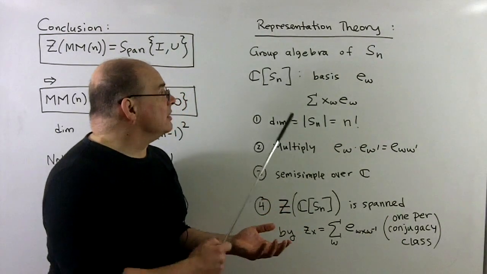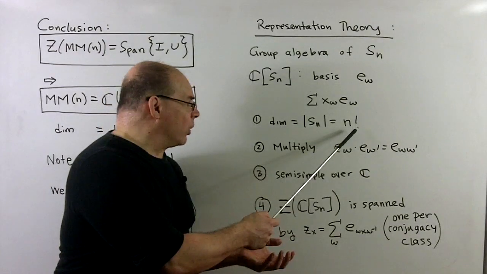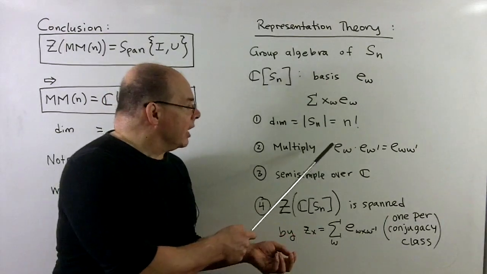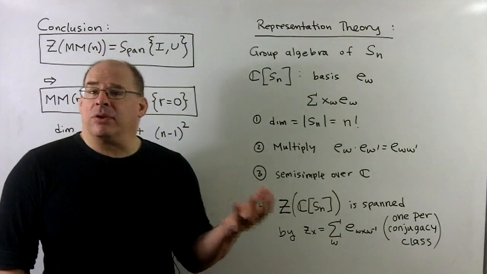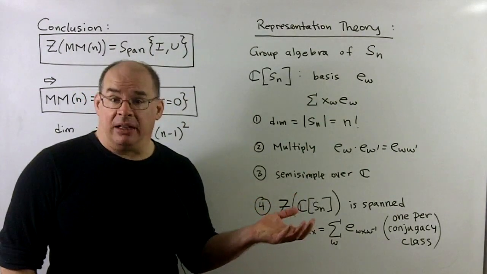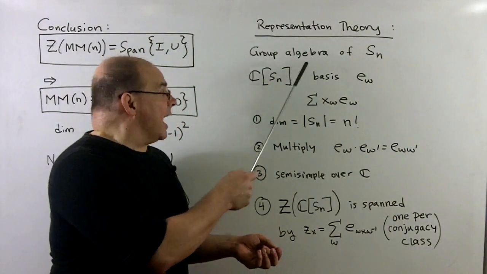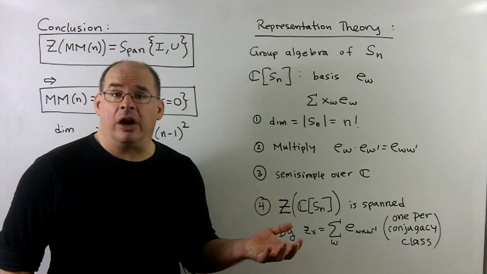So that means the dimension of this group algebra for S sub n is going to be n factorial. To be an algebra, we want to multiply. And so we'll multiply as we would think. We just multiply the indices. And then for linear combinations, we extend linearly. We note, as an algebra, this is semi-simple, so we can invoke the Wedderburn theorem.